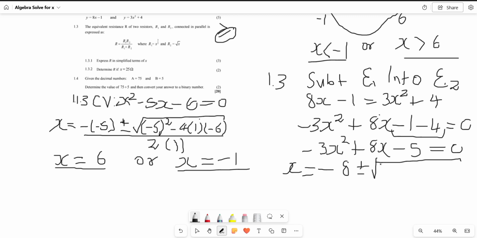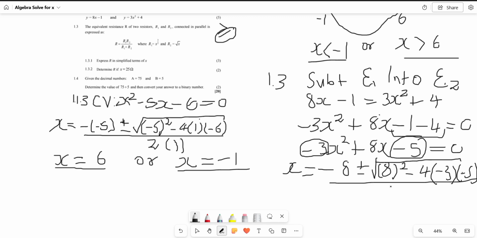In this case, open bracket 8 close bracket, all squared, minus 4. Then it says substitute the value of a. In this case, the value of a is negative 3. The value of c is negative 5. Everything here all divided by 2 into negative 3.